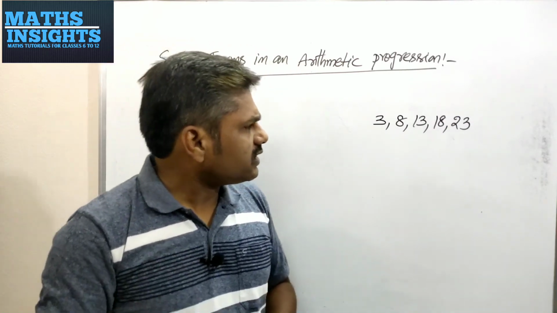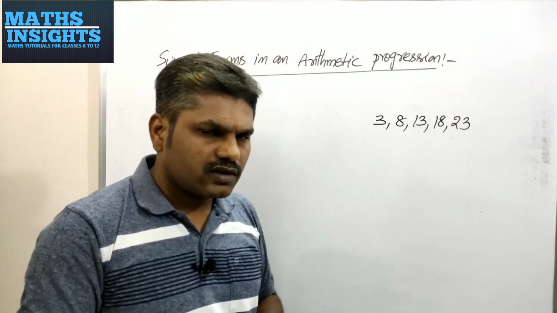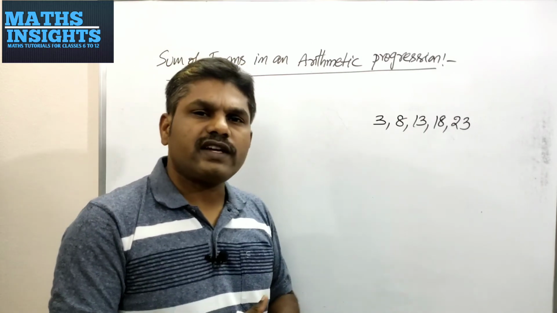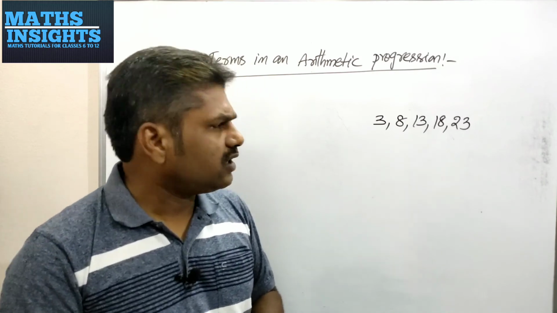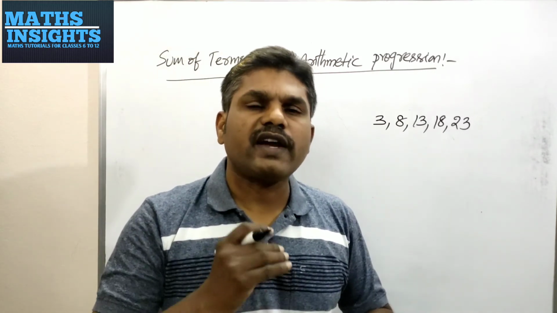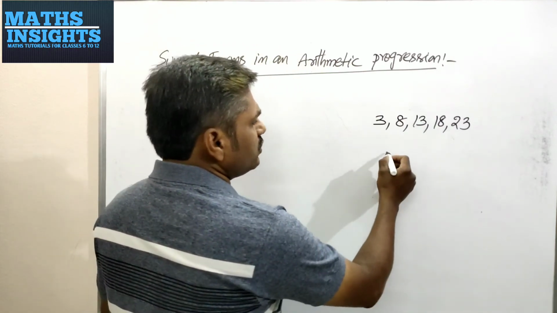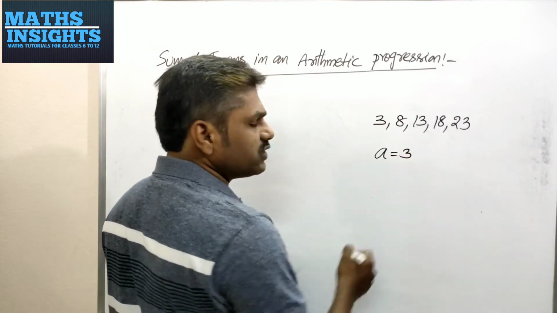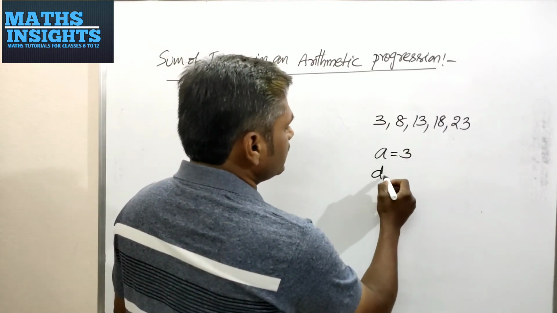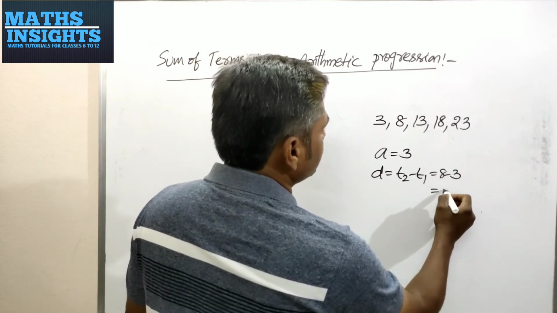Now I want to find the sum of the terms in this arithmetic progression. If you observe, this is a finite arithmetic progression, because it has only 5 terms, a finite number of terms. How to find it? You know a is equal to 3, the first term, and d, that is t2 minus t1, 8 minus 3, that is 5.